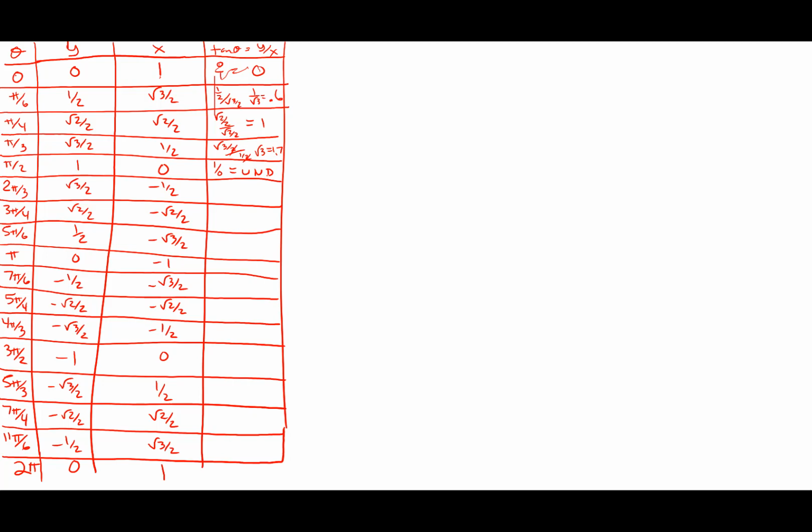Alright, so we know the pattern is going to continue. It's going to be a negative 1.7, a negative 1, negative 0.6. It'll go up to 0 again. If you divide these numbers out again, it'll be a positive 0.6, positive 1, positive 1.7, then it's going to go to undefined again.